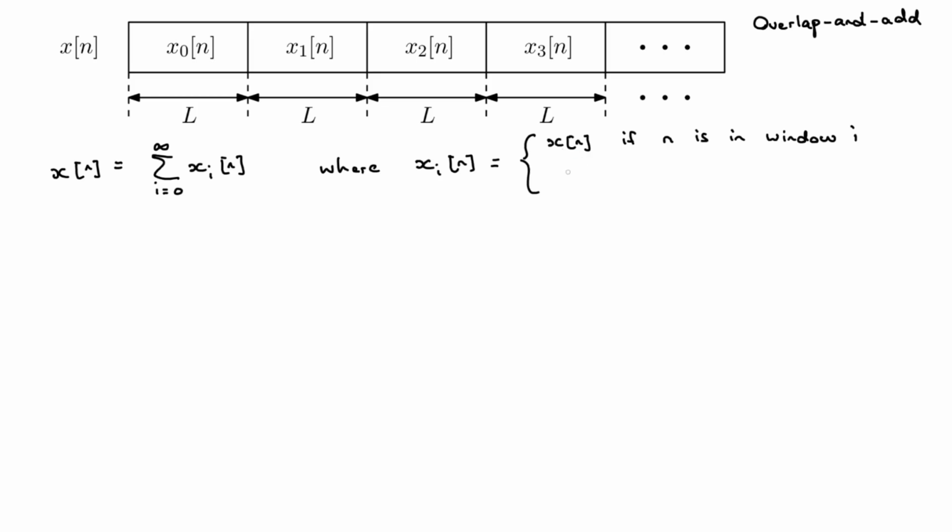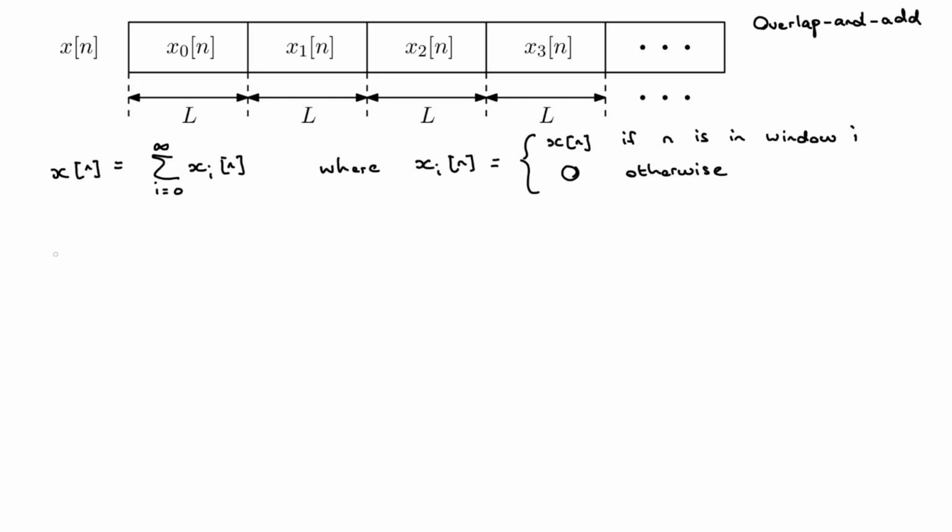If it's outside of that window, then it's just 0. If I'm looking at x2, then inside x2, the values will be the same as the values of x[n], but outside of x2, it will be 0. In other words, it will be 0, then it will turn on, then it will be the same as x for that little snippet, and then it will go to 0. This is just the process of splitting x[n] into these little windows. And this is exact, no approximations used.